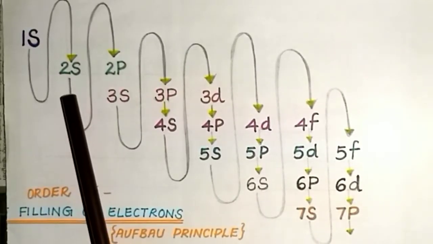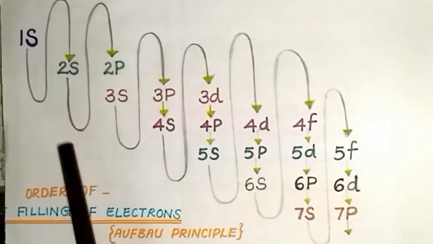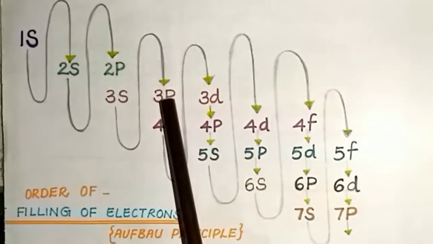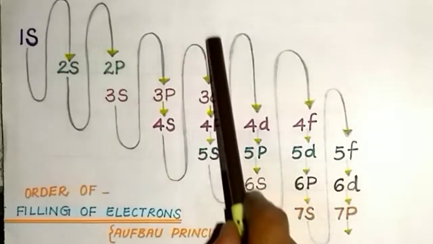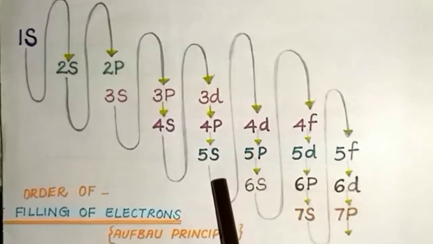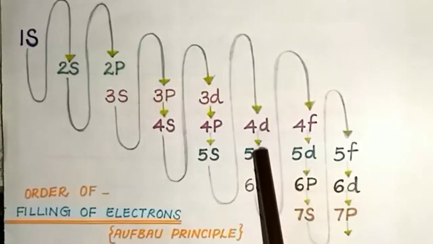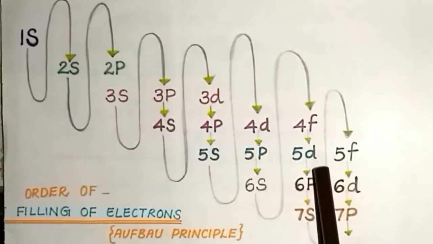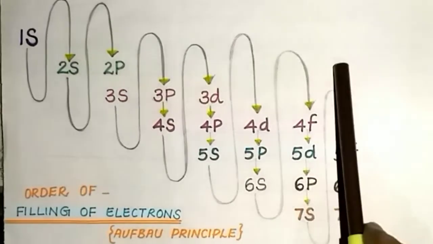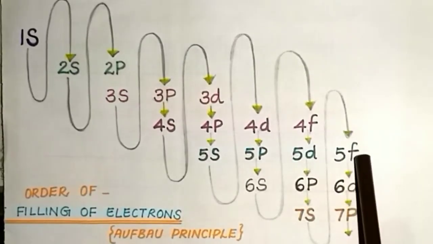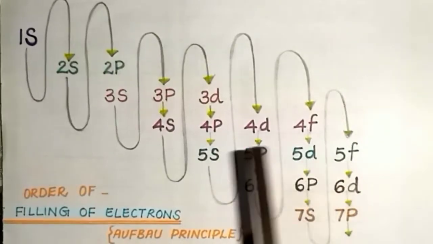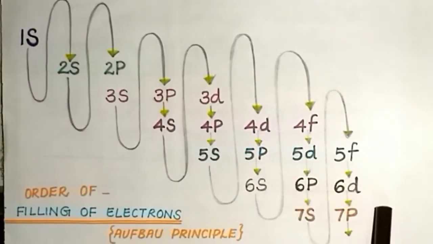The increasing energy order: 2s, then 2p, then 3s, 3p, 4s, then 3d, 4p, 5s, then 4d, 5p, 6s, then 4f, 5d, 6p, 7s, and then 5f, 6d, 7p, and continue. So this is the increasing order of the energy level of orbitals.